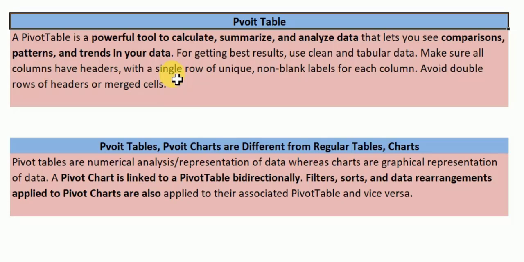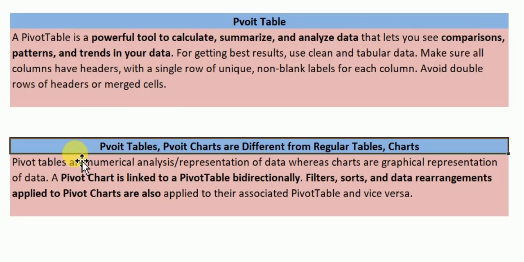Pivot tables summarize and analyze the data, and below you can see exactly where it shows the difference from regular charts and graphs. Pivot tables are numerical analysis or representation of data, whereas charts are graphical representation of data. A pivot table is linked to a pivot chart bidirectionally.